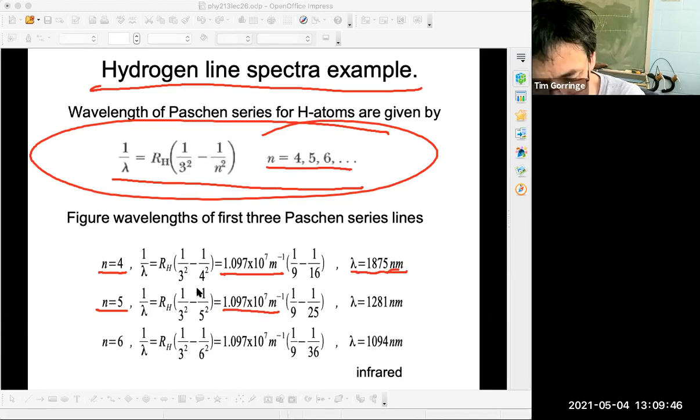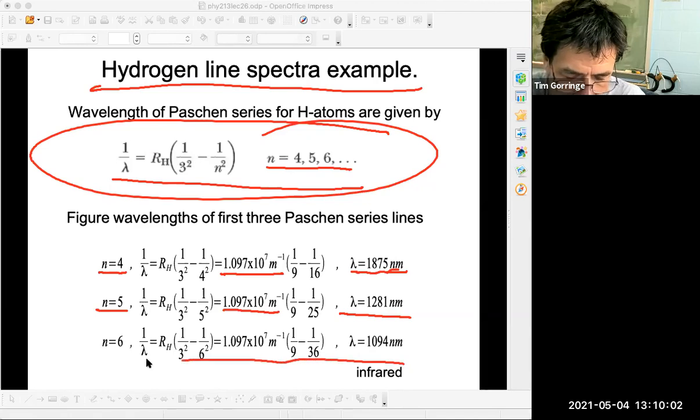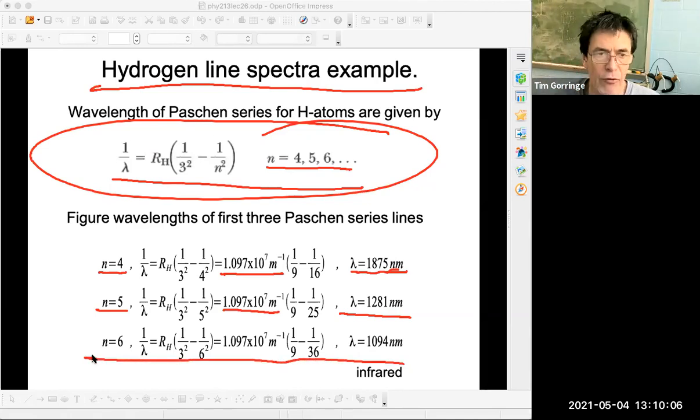So it's 1/9 minus 1/25. And if you calculate that, you get this little number here. The inverse of that, the wavelength, is 1281 nanometers. And so on and so on. I won't go through it, but here it's done for n equals 6, the next term in the Paschen series. Then it would be n equals 7, and n equals 8. And you could keep on going and going.